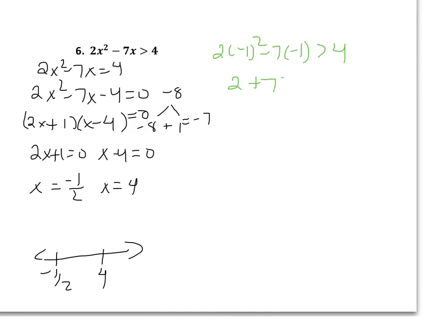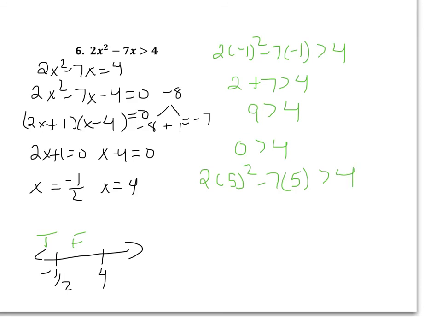2 plus 7 greater than 4. Is 9 greater than 4? Yes, that's true. Okay. Pick 0. Plug that in, you would get 0 greater than 4. That's false. Pick a number bigger than 4, pick 5. 2 times 5 squared minus 7 times 5 greater than 4. 50 minus 35 greater than 4?